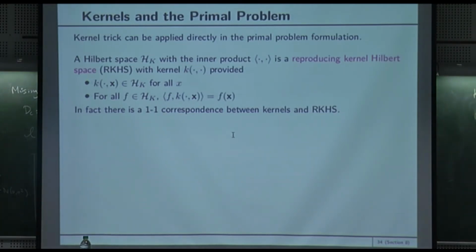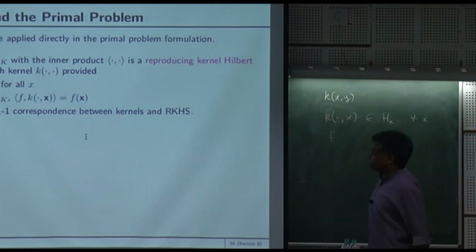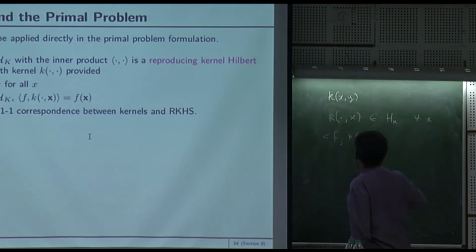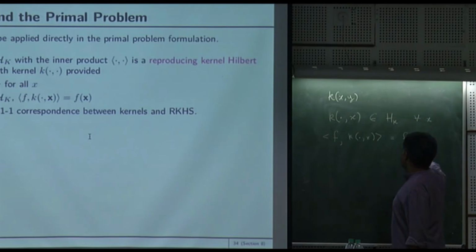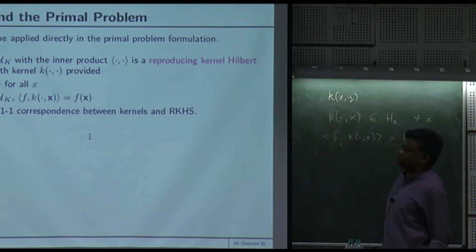So I want to make sure that this function belongs to my Hilbert space for every value of x. All things that I could generate using kernels should belong to this space. Now there is another peculiarity, which is that if I take any function that belongs to this space and take the inner product with this kernel function, what it does is that it picks out f(x). So if it has these two properties, we call this Hilbert space a reproducing kernel Hilbert space.